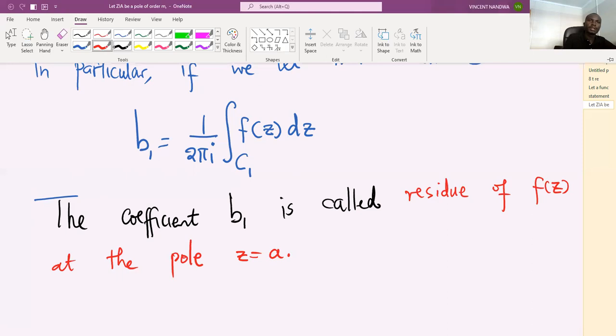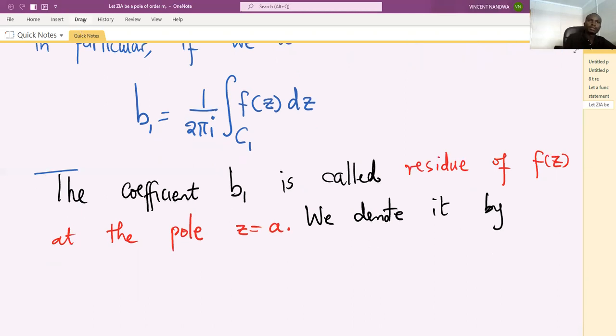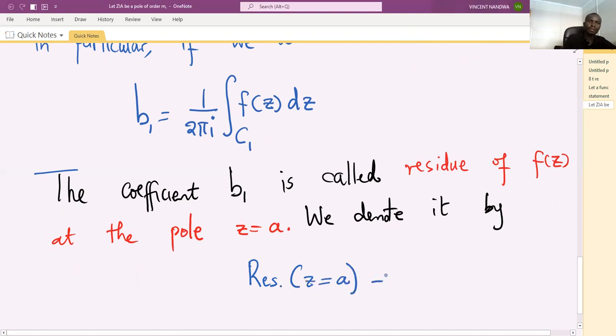We denote it by Res, meaning residue, at z equals a, which is given by b1. So that's how we define the residue of a function f of z about the point z equals a, or about the pole z equals a.